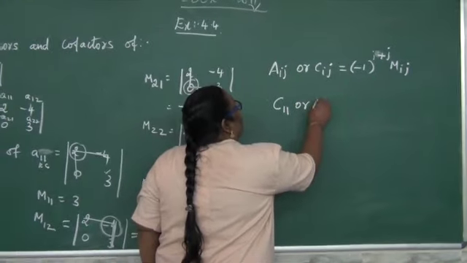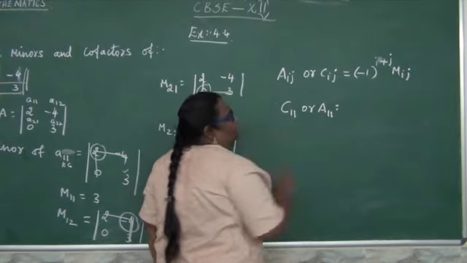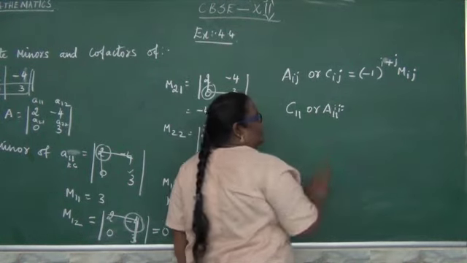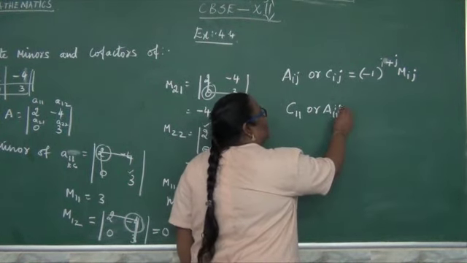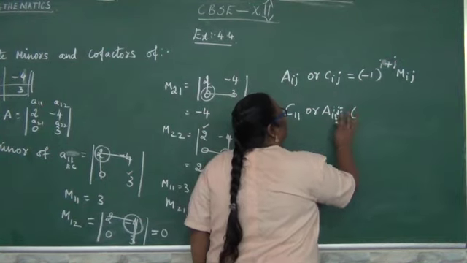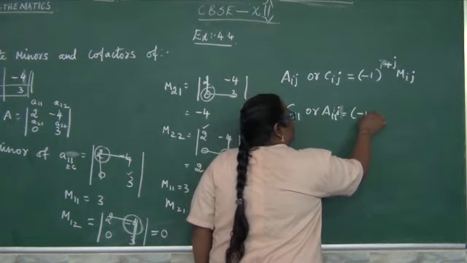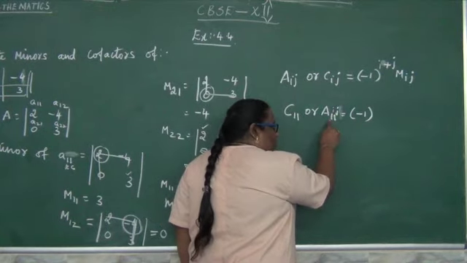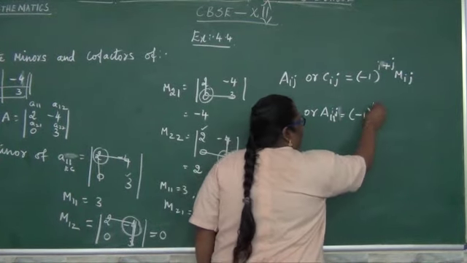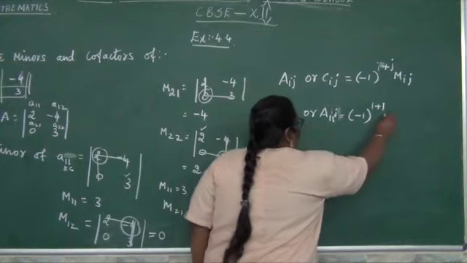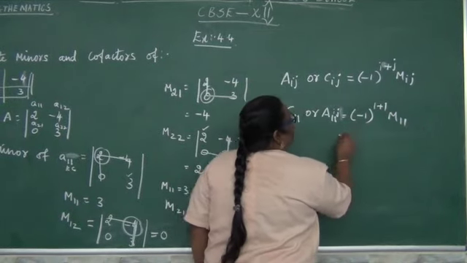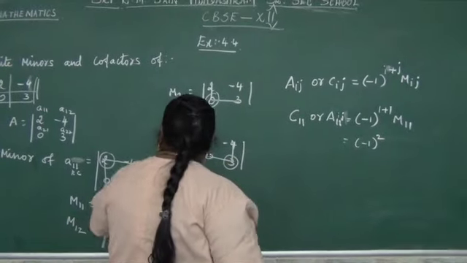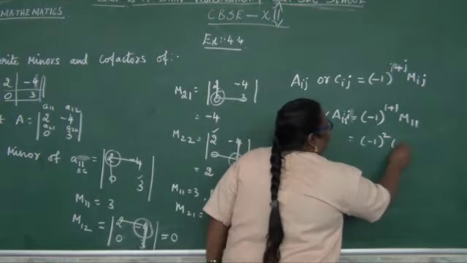C11 or A11: this is i and this is j. Minus 1 whole power i plus j. What is i? 1. What is j? 1. So 1 plus 1, into M11. It gives minus 1 the whole square into M11, which is 3.